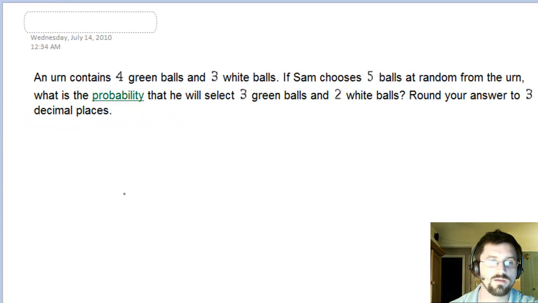So that'll be the sample space, the number of possible outcomes, and now we need to figure out the favorable ones. We want to know what is the probability that choosing 5, he will select 3 green and 2 white. So 3 green out of 4. That's 4 choose 3 times 3 choose 2.